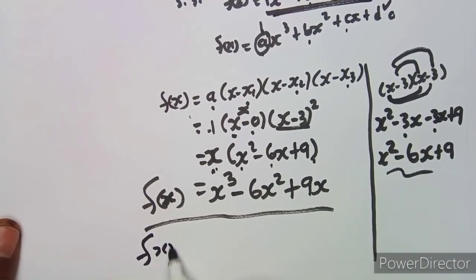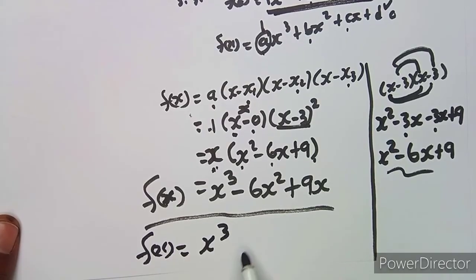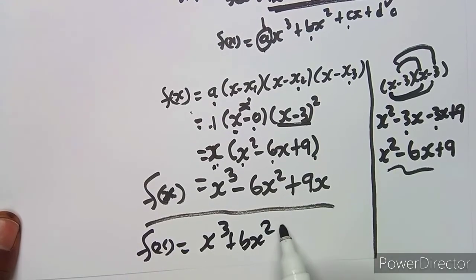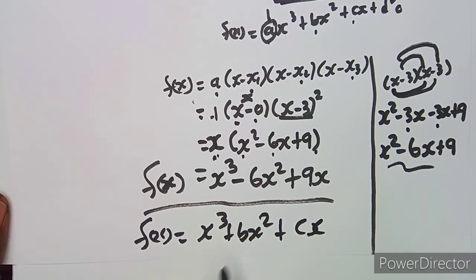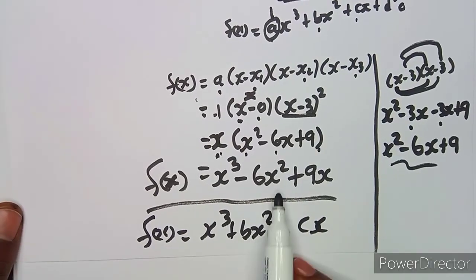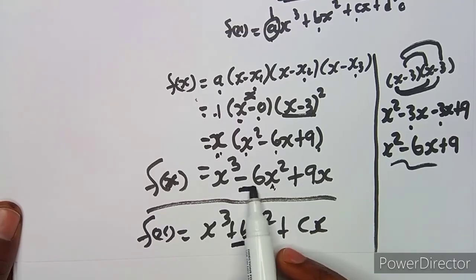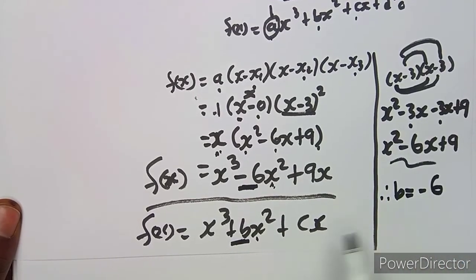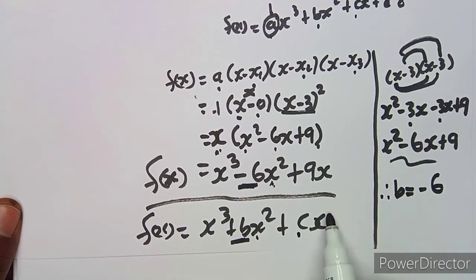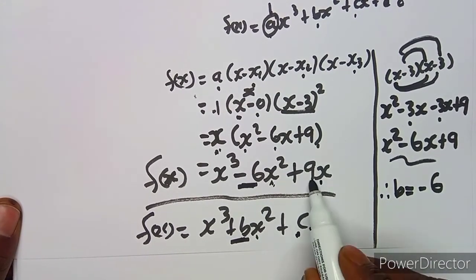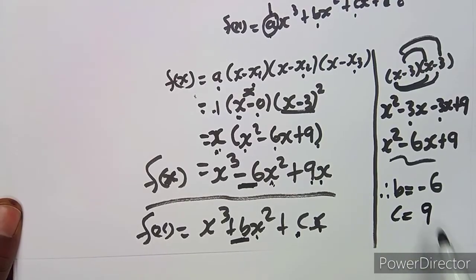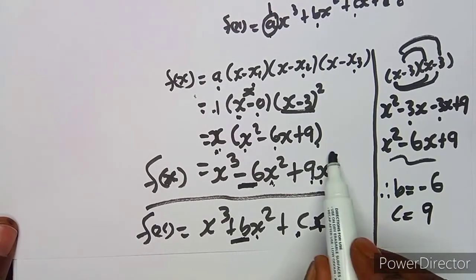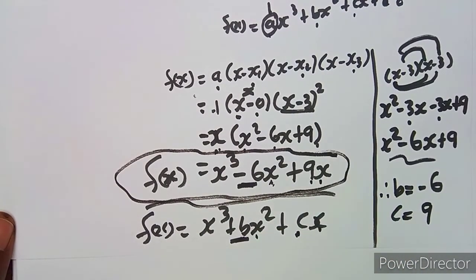Remember, we are given that f of x is equal to x cubed plus bx squared plus cx, like this. So we can tell that from the coefficient of x squared, b is equal to minus 6. That is what we have. We can even tell c is equal to the part with x here. So c is equal to 9. So that's what we have, guys, from this expanded f of x.